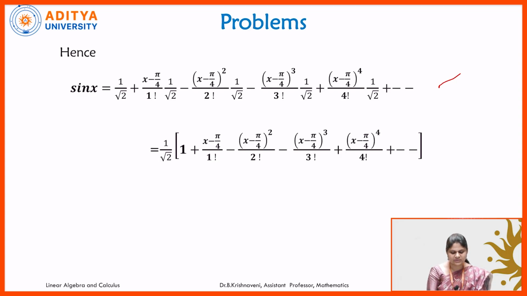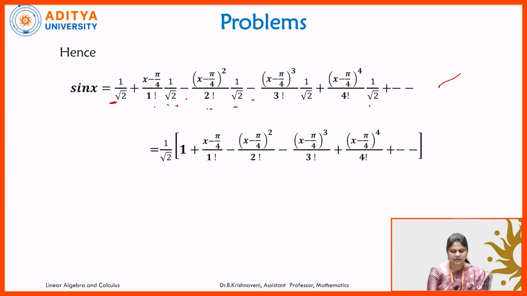Then we get sin x is equal to 1 by root 2 plus x minus pi by 4 by 1 factorial into 1 by root 2 minus x minus pi by 4 whole square by 2 factorial into 1 by root 2 minus x minus pi by 4 whole cube by 3 factorial into 1 by root 2 plus x minus pi by 4 whole to the power of 4 by 4 factorial into 1 by root 2 plus so on.